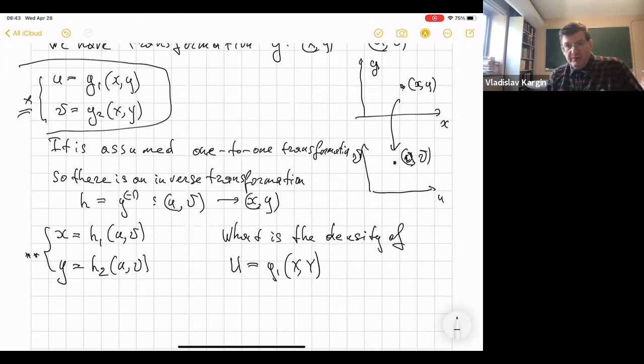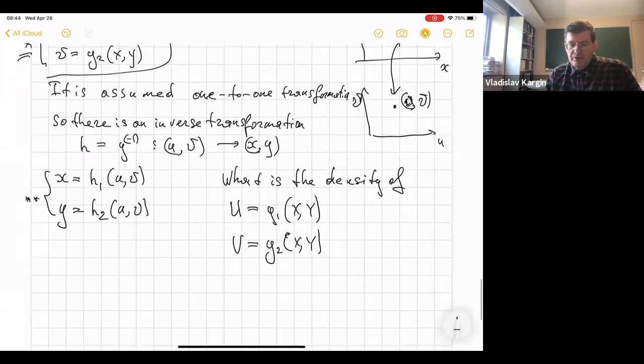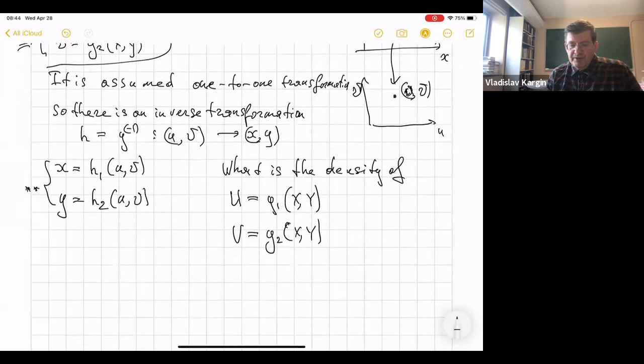We take the random variables X and Y and apply this transformation to them, so u is equal to g1 of x, y and v is equal to g2 of x, y. So what is the density of these two things?